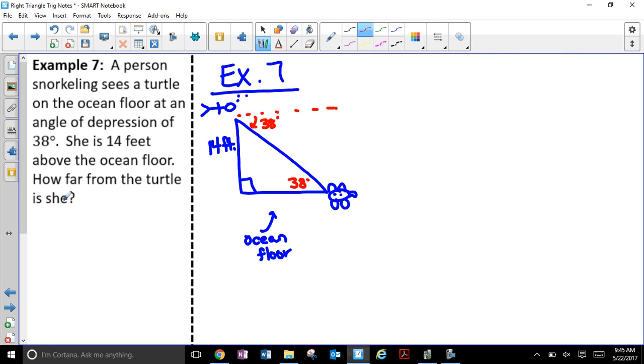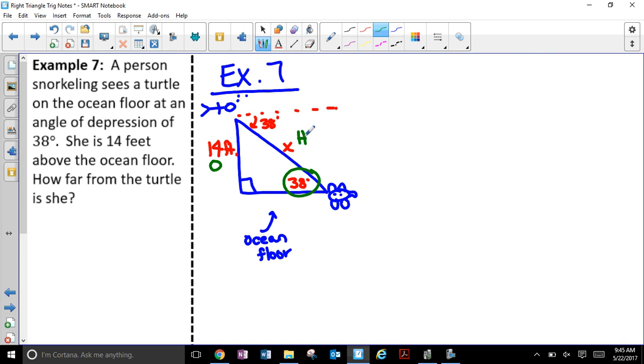That's going to be the hypotenuse. That's going to be how far she is. Okay, let me put this in red. So that's all the pertinent information. Now, with respect to this 38-degree angle, 14 is the opposite side, x is the hypotenuse.